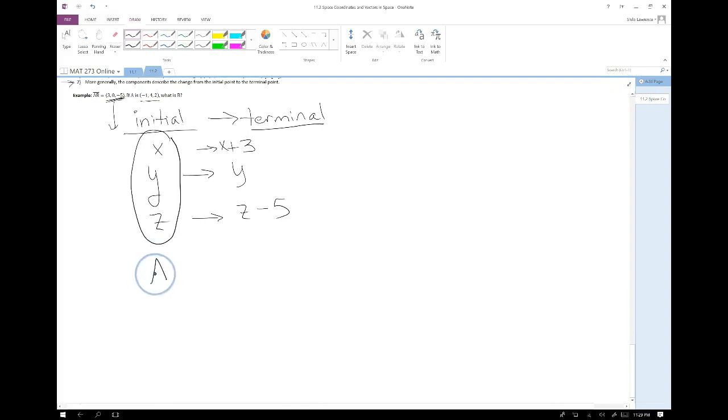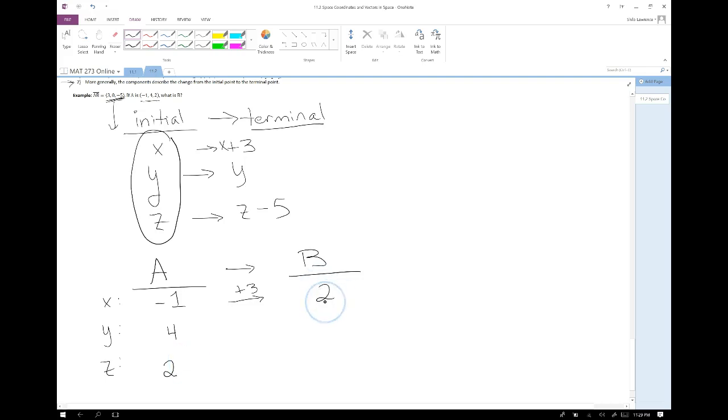We can very easily use that idea to figure out where point B must be. So we've got initial point A, with x, y, and z coordinates of 1, 4, and negative 2. Now, component form describes how to get to B. We need to add 3 to the x because the x component of our vector is positive 3.